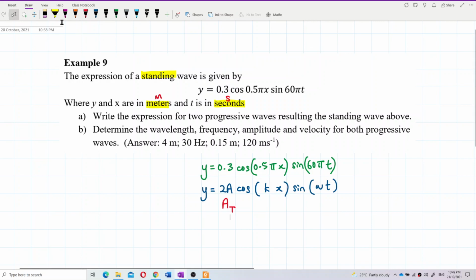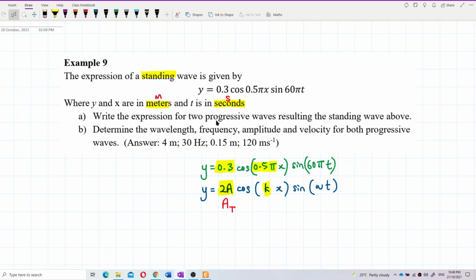Okay, so from here we can compare and relate. 0.3 is 2a. Actually amplitude for individual wave is just 0.15 meter. And then here you have the k, cos kx.